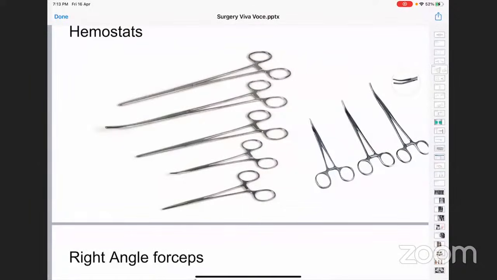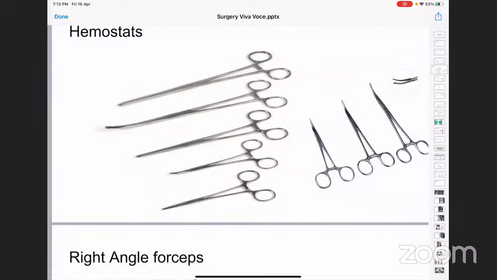If it is small and delicate, it is called a mosquito forceps. So it is tiny and dainty, like a little mosquito. So both mosquitoes and artery forceps can be either straight or curved. Okay. So this is your generic hemostat that you have to remember. This is one thing that you simply cannot afford to get wrong.